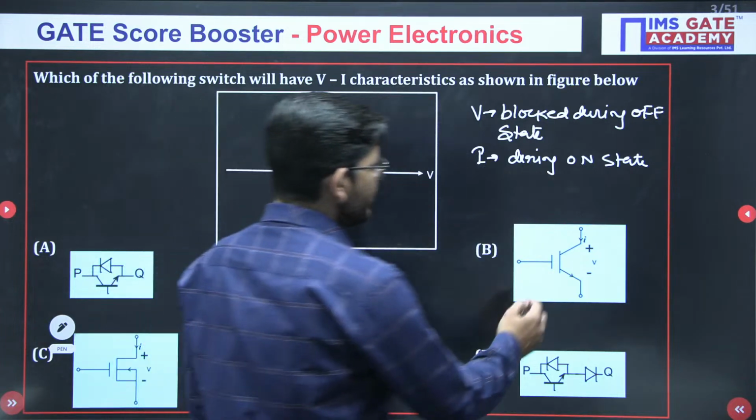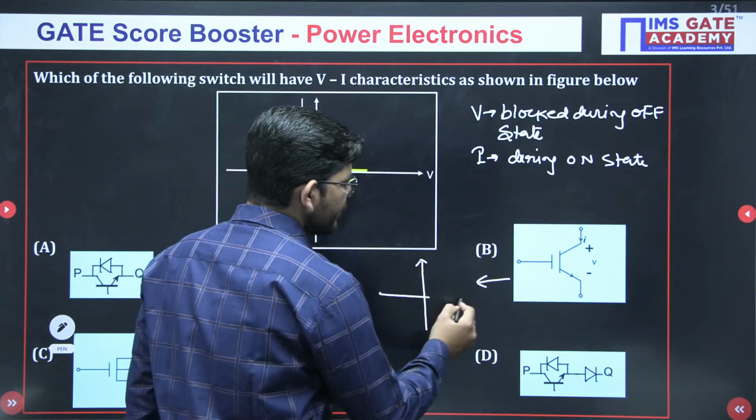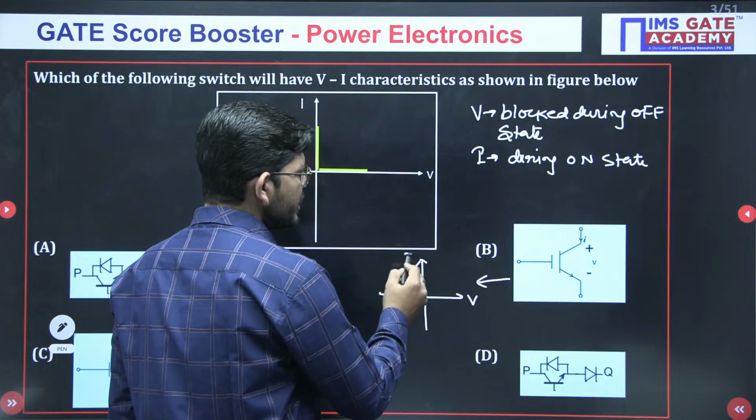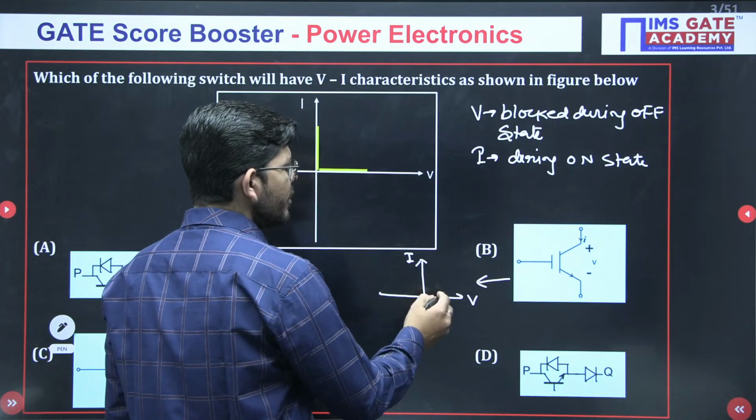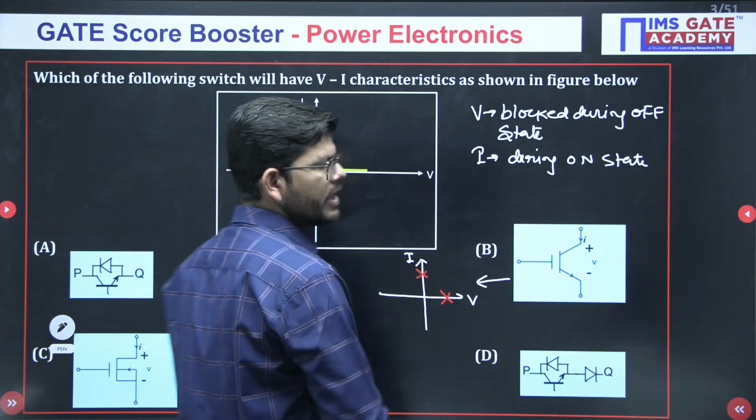Okay. So for IGBT we know that the switch realization will be like this. If this is voltage, this is current. So IGBT will block positive voltage and it will carry positive current.